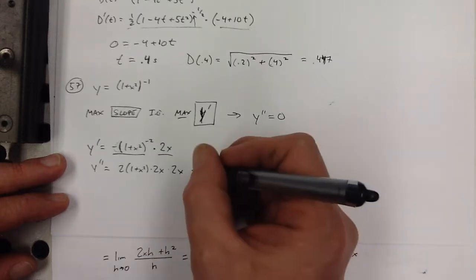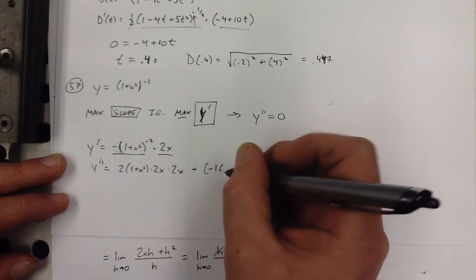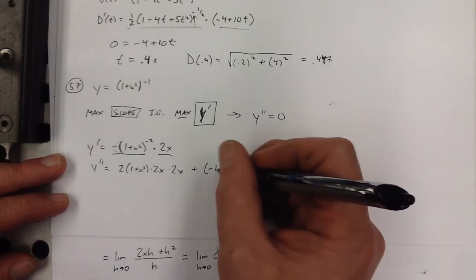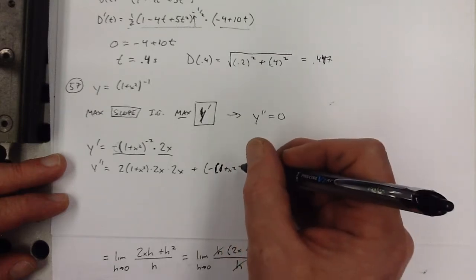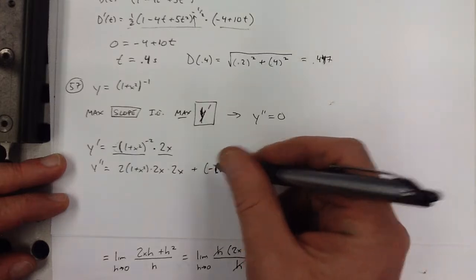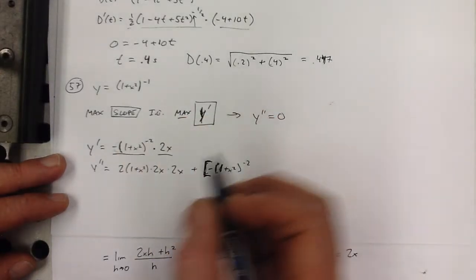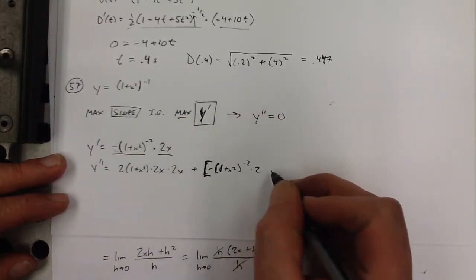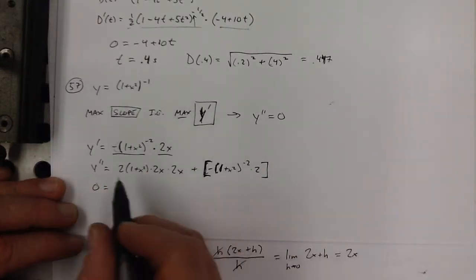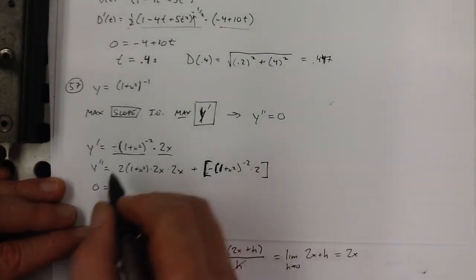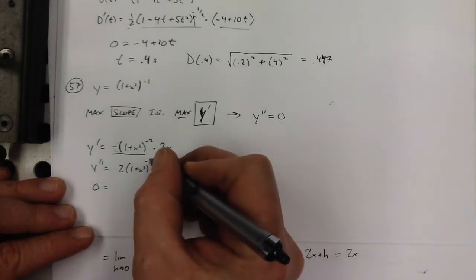That's the derivative of the first times the second, plus the first, which is negative, sorry, I didn't really want to write that 1 there, did I? There. That's what I want. Maybe I'll make that square brackets just to make that more clear. So this is the first times the derivative of the second, which is that. All right, let's see what I can do. I need to set this equal to 0 and simplify, see if I can do any factoring. And I forgot to put the exponent there. That's to the negative 3 now, right?